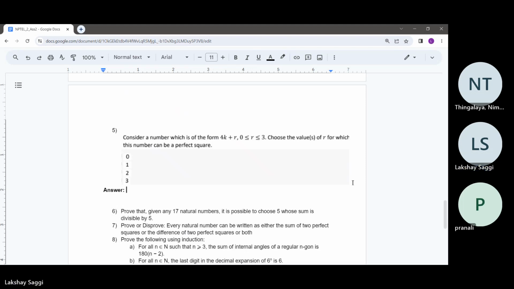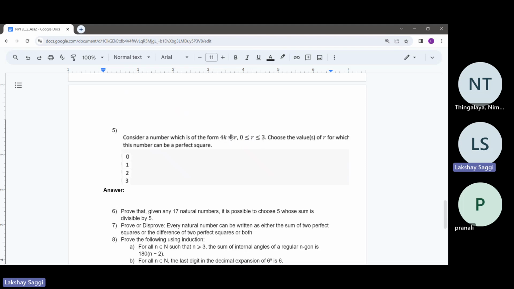So it says consider a number which is of the form 4k plus r. We know that any number can be written as divisor times quotient plus remainder, where the remainder is between 0 and the divisor itself. So if the divisor is 4, then any number can be written in the form 4k plus r, where r will be between 0 and 3.